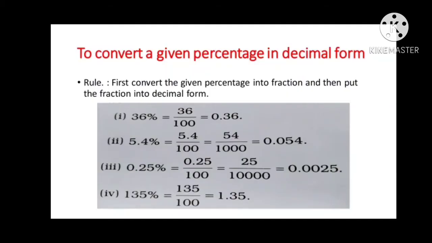Next rule, to convert a given percentage into decimal form. And the rule is, first convert the given percentage into a fraction and then put the fraction into a decimal form.